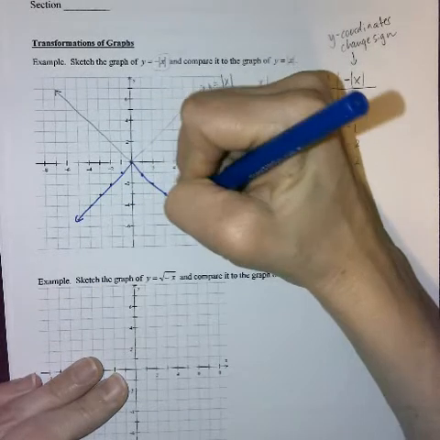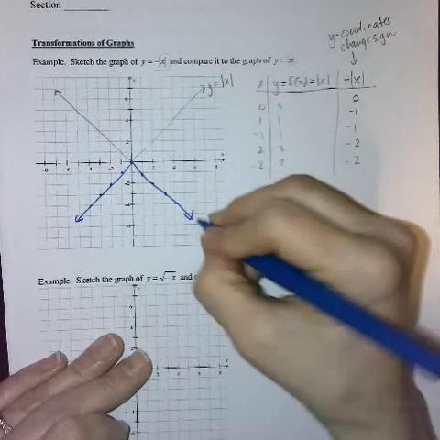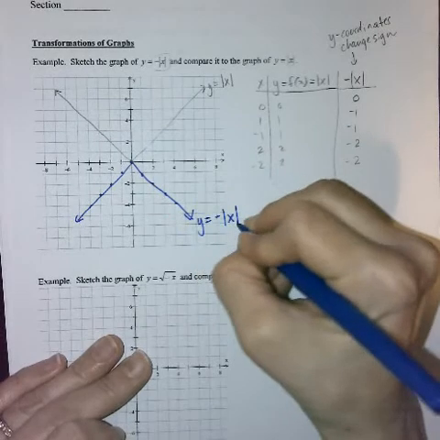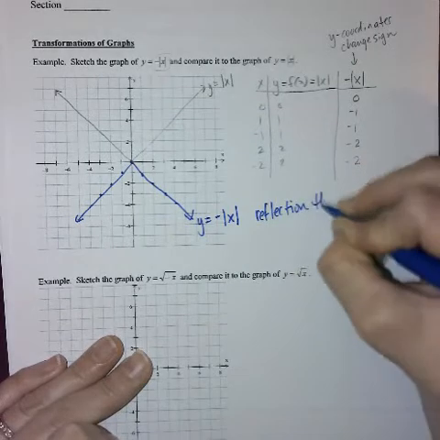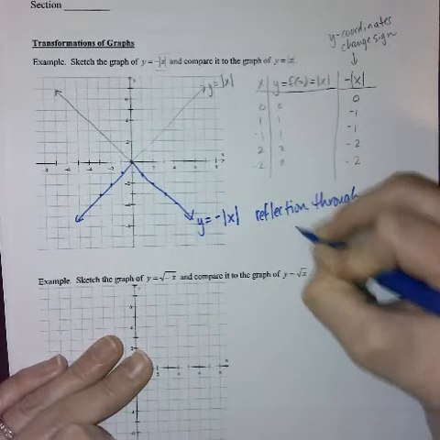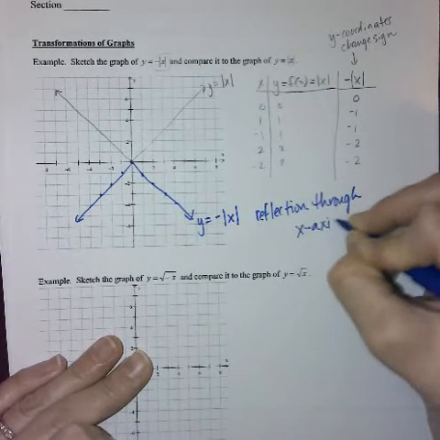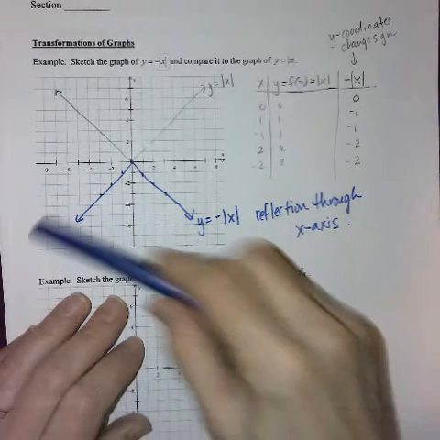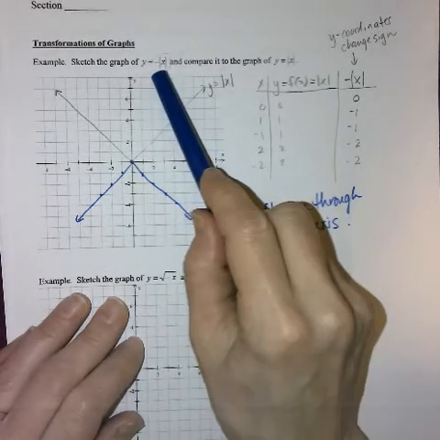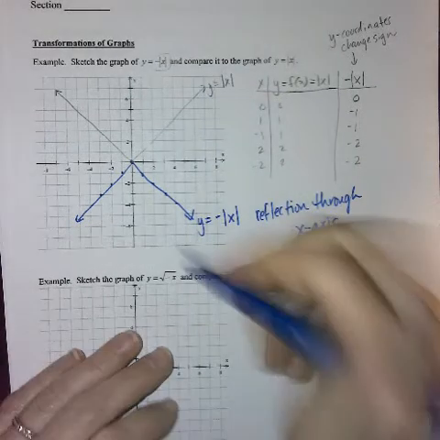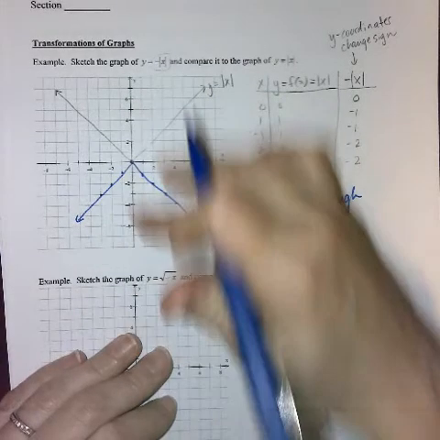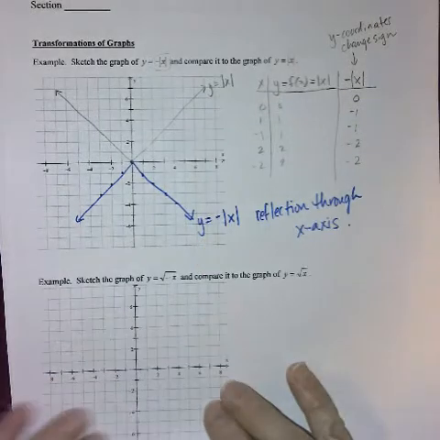The same shape is key here, but we've got a reflection through the x-axis. So of course, any graph that we have, no matter what it looks like, if you're just going to change the sign of the function value, it's just going to reflect through the x-axis. So that's our first one.